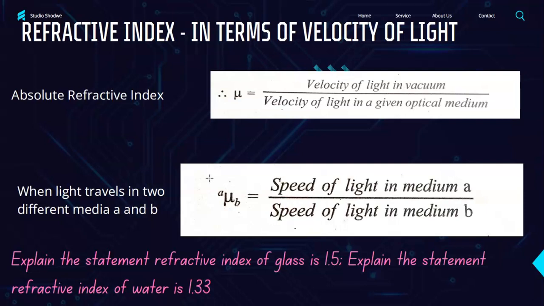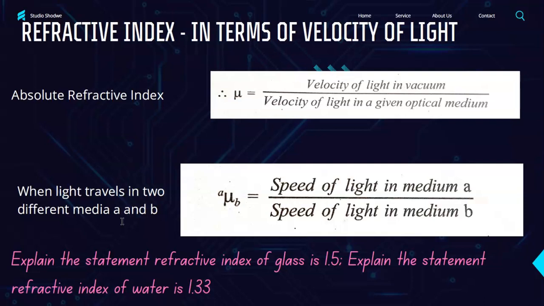Here we come to explanation of an important statement. Explain the statement that refractive index of glass is 1.5, or explain the statement that refractive index of water is 1.33. Now the first statement, if I talk about glass, refractive index of glass is 1.5. We are saying that with respect to air, this value is with respect to air, which is fixed.